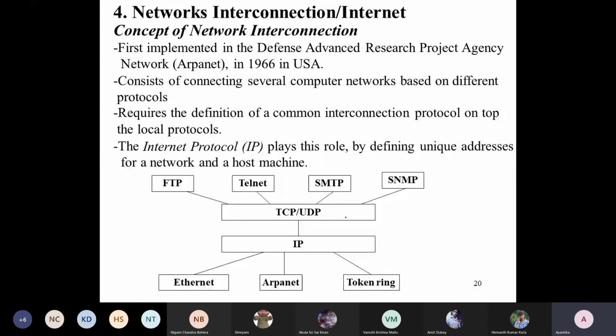And IP is for data fragmentation, like you have some data and how you fragment it into packets, and what typical features you add to them. All these things. Okay.